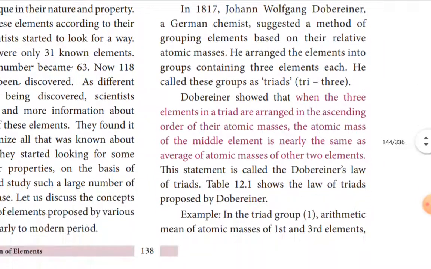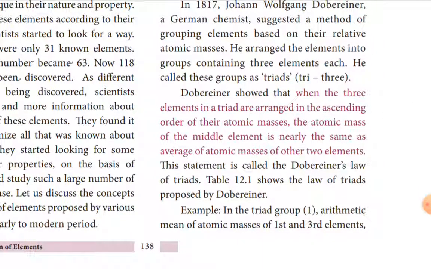And see, what is given in the colored lines is like a definition. When the 3 elements in a triad are arranged in the ascending order of their atomic masses, the atomic mass of the middle element is nearly the same as the average atomic mass of the other 2 elements. So he arranged 3 by 3. And what is the peculiarity he found in it?